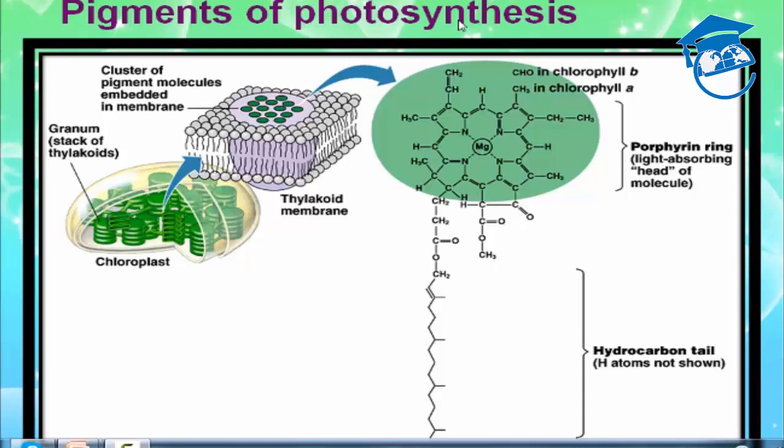A chromatographic separation of leaf pigment shows that the color that we see in a leaf is not due to a single pigment but due to 4 pigments. And what are those? First is chlorophyll A, chlorophyll B is second, xanthophyll is third, and fourth is carotenoids, students.